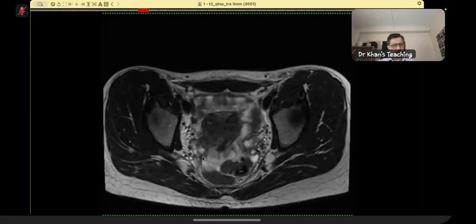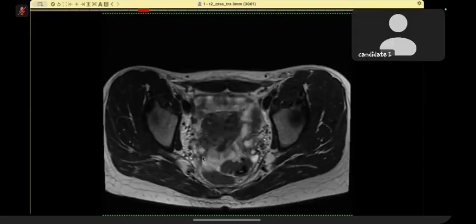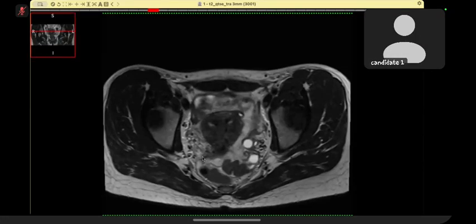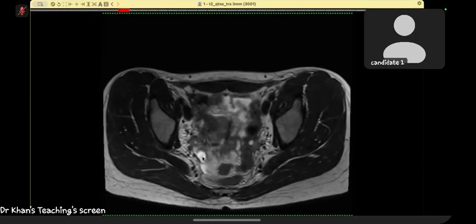How can you confirm this? What can you advise? Again, a transvaginal ultrasonography can be done to confirm this. However, on MRI, T1 fat sat sequence will be good enough for confirmation of blood products.